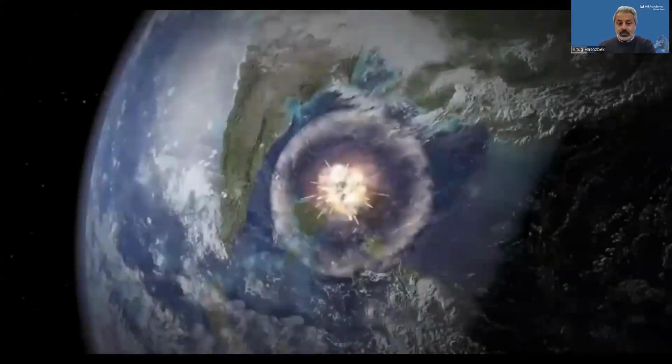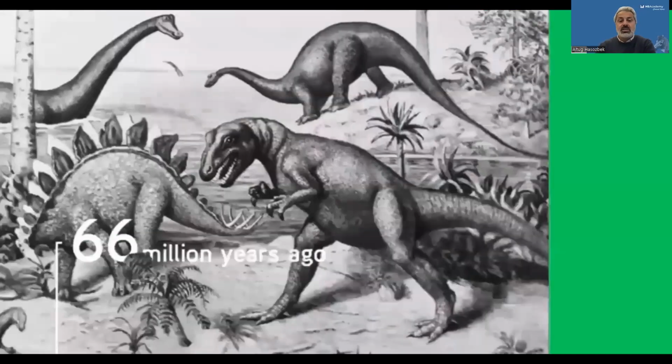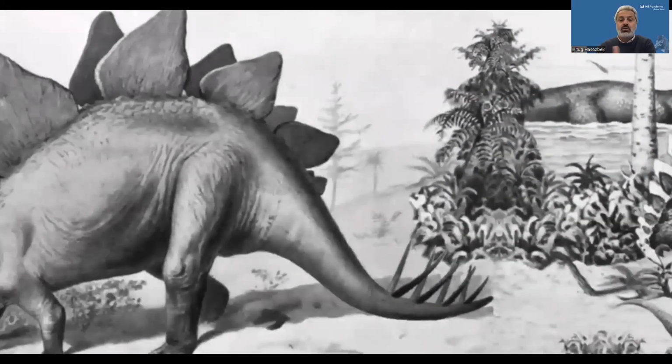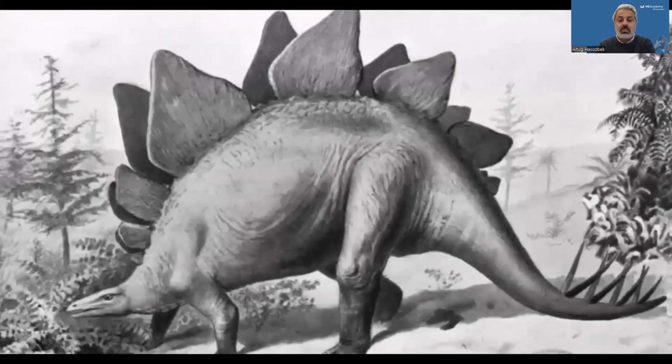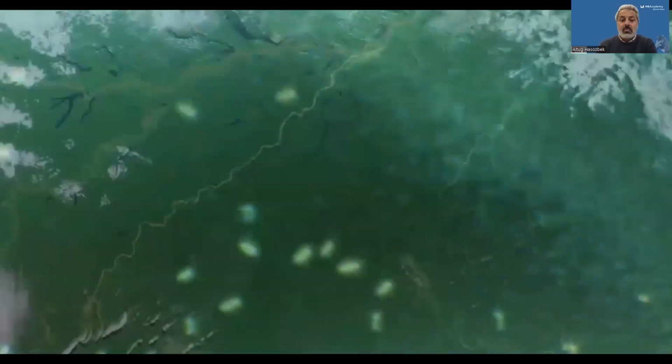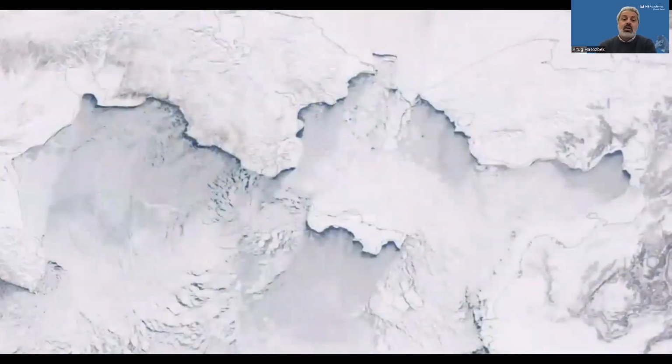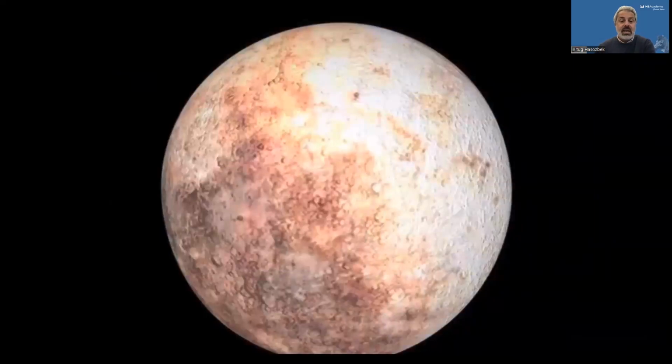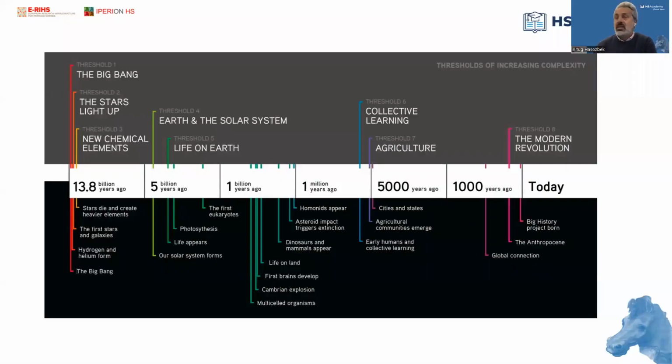Here you can see, from the Quaternary period to now we are at 66 million years in the dinosaurs' time, and then you go through the Big Bang, and you can see all these thresholds on a big scale, and here in detail. There is the Big Bang, the stars light up.